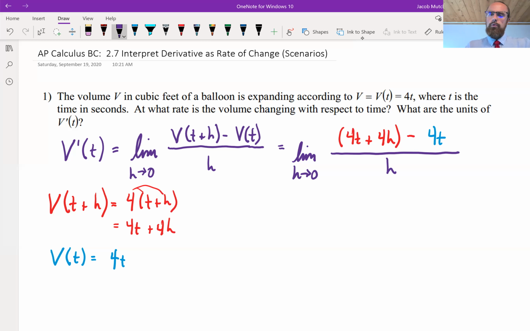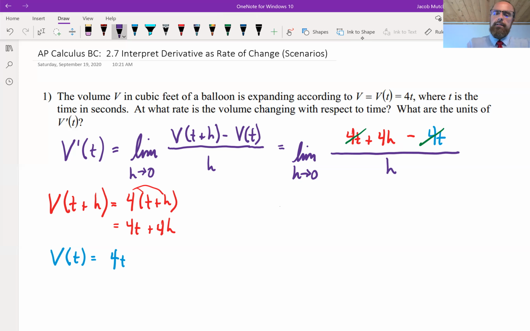Where we normally look is in the numerator. In terms of simplification, I'll start by removing those parentheses, and I'm looking for a cancellation. I definitely see one in my t terms: 4t minus 4t would cancel. That's a 0 pair.